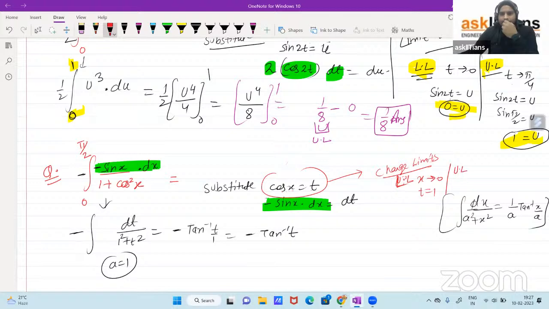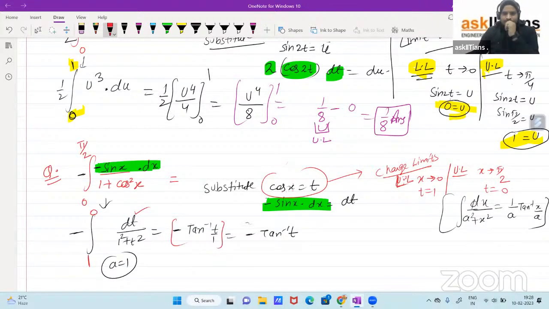And for your upper limit, when x approaches pi by 2, cos pi by 2 will be 0, so t will be 0. So your limits will be 1 as the lower limit and 0 as the upper limit, for this t variable.